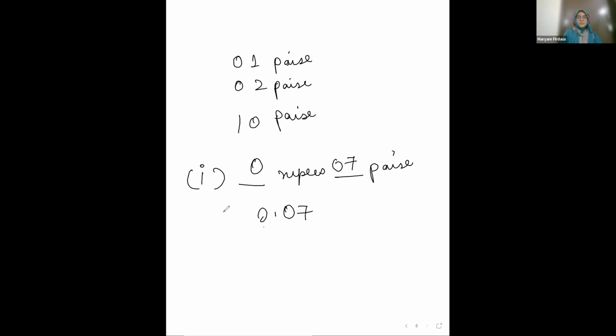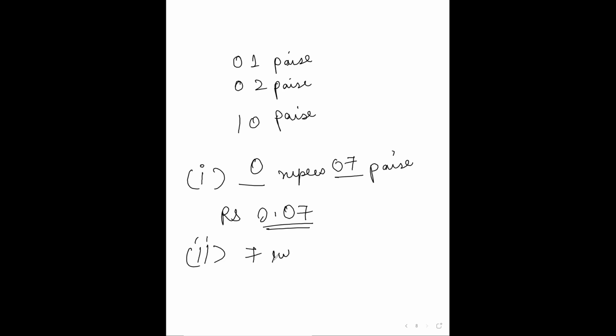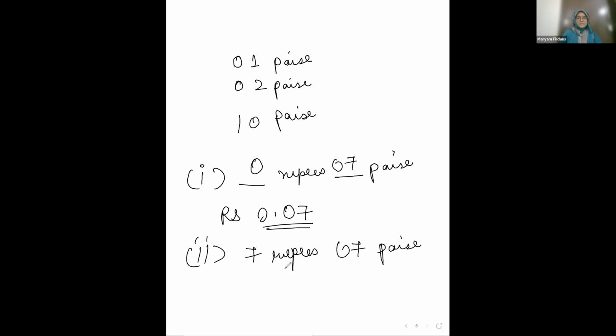This is rupees 0.07. The next one is 7 rupees 7 paise. Can you tell me what this one will be? 7 rupees and 0 7 paise, and that will be in decimal.